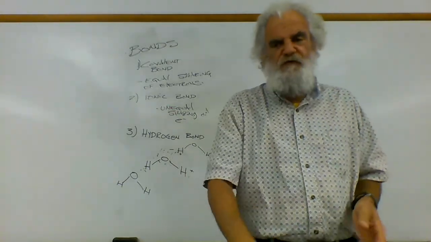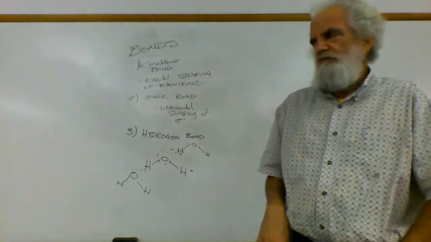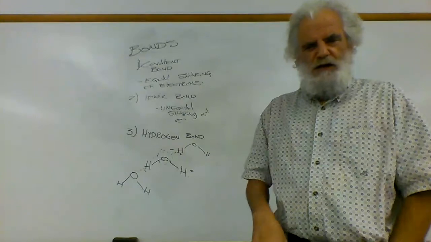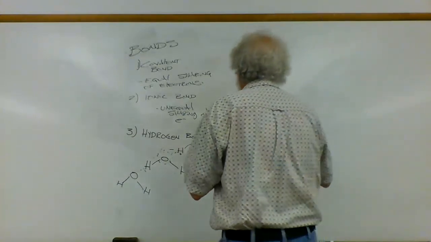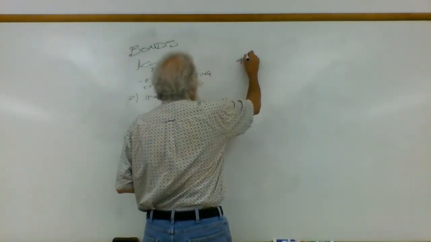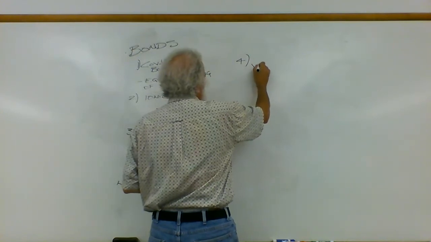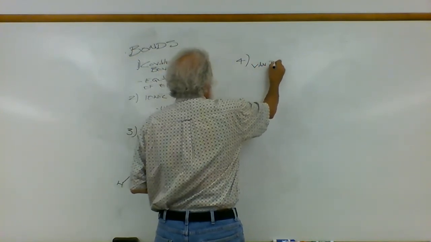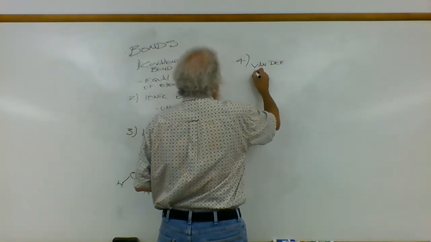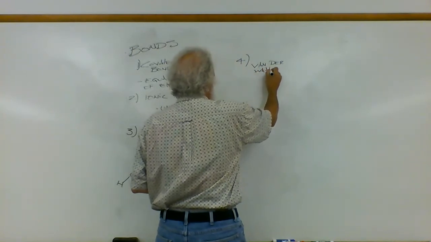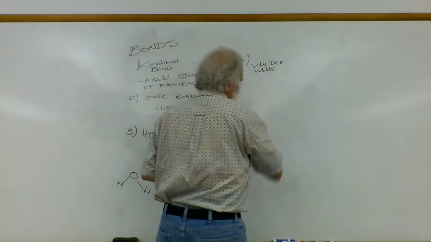So the fourth interaction, which can I put it up here? I'll put it right here. Number 4 is very weak. It is known as van der Waals forces, named after Professor van der Waals.